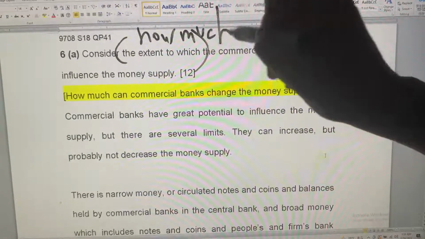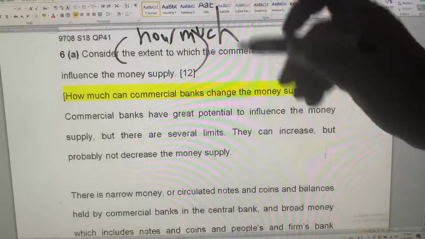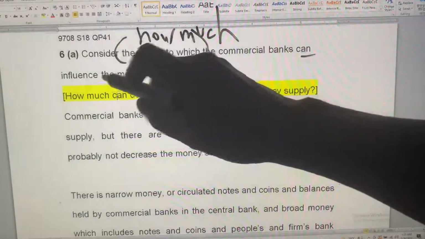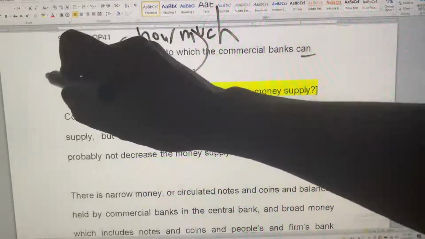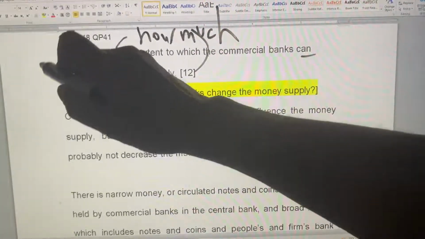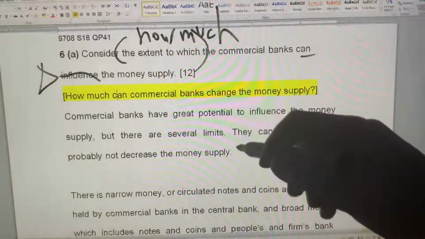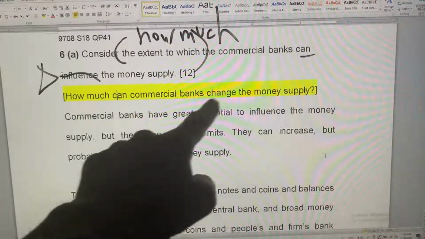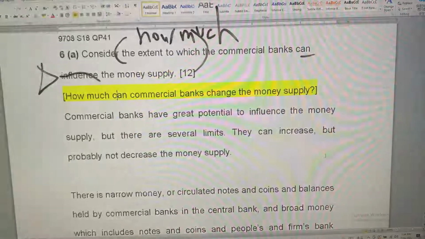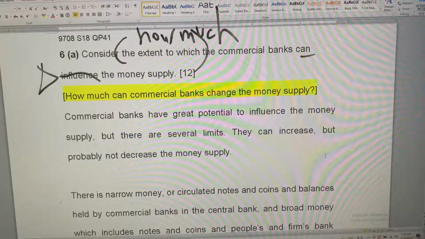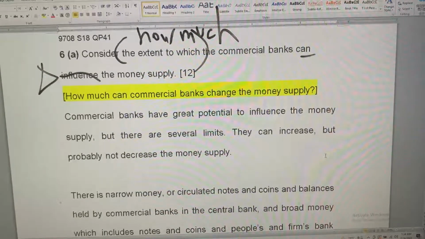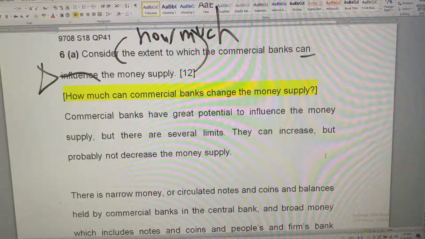How much can the commercial banks influence the money supply? Influence is change. Delta is change. So I'm just going to translate this question to how much can commercial banks change the money supply? Are they effective? Can they change the money supply very much? Maybe, maybe not. Let's see.